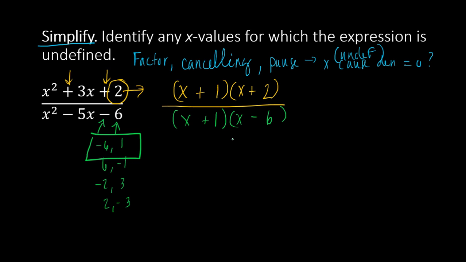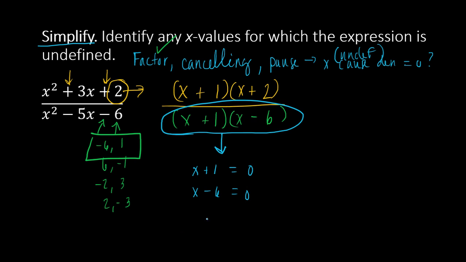Again, it didn't matter if I wrote the negative 6 factor first, or the positive 1 factor first. It's equivalent either way. Now I'm ready. I've factored. I'm ready to take a pause and identify which x values would cause the expression to be undefined. Remember, that means I just take the denominator. I consider each term separately, set them equal to 0, and solve for x.